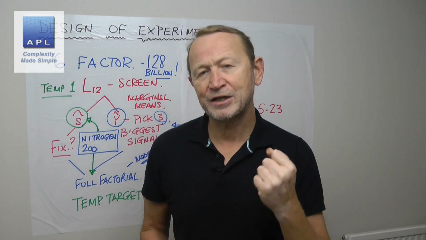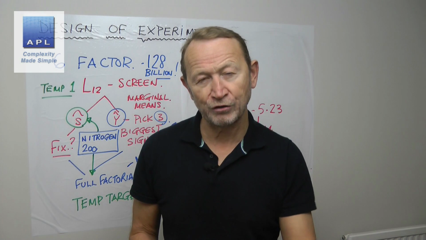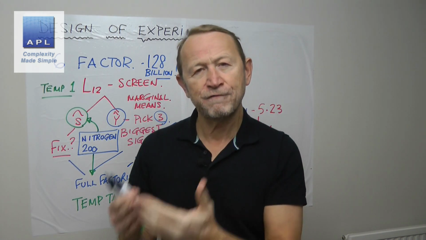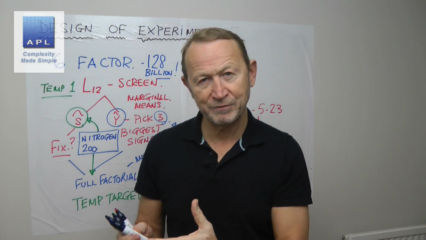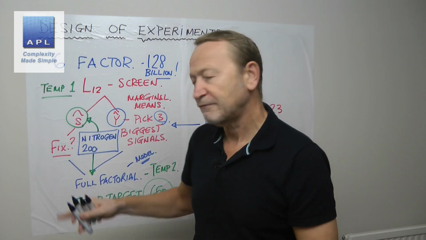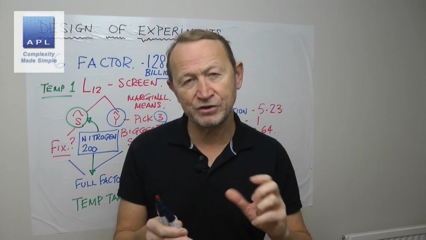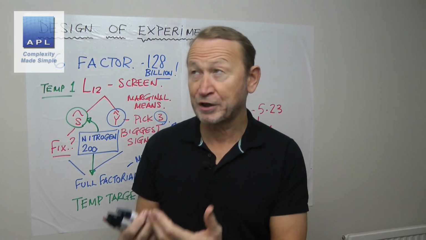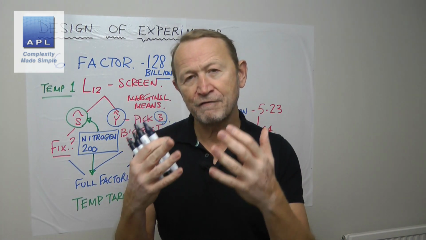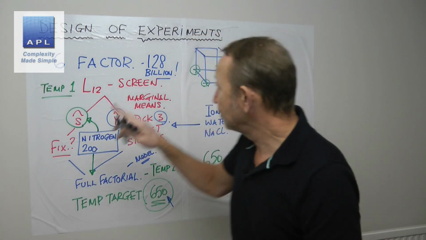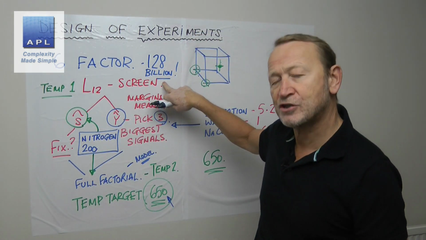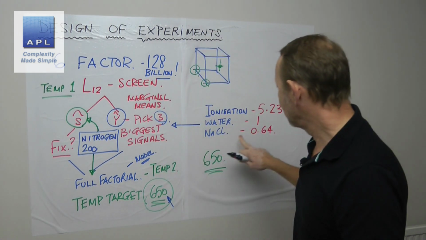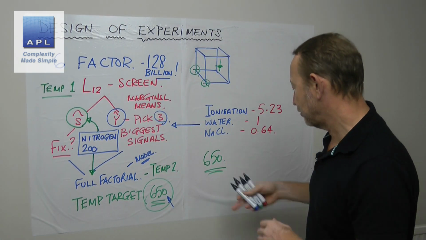And in order to gain process knowledge and solve the problem, you ran 2 experiments. 48 data points in the first experiment, the L12. 40 data points in the second experiment, the full factorial. So top that up, what have we got there? 88. For 88 data points, you've interrogated this design space. And inside 15 minutes, you've come up with optimized values.